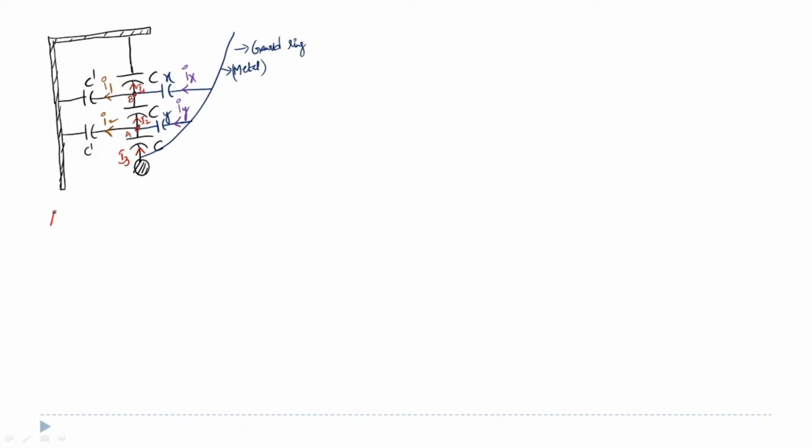Now I am assuming that with the guard ring, all the voltages are made equal. When you make all the voltages equal, V1 will be equal to V2 will be equal to V3 will be equal to V.